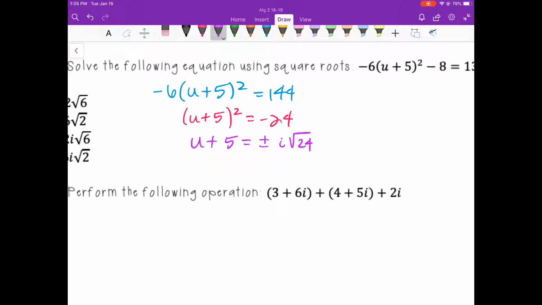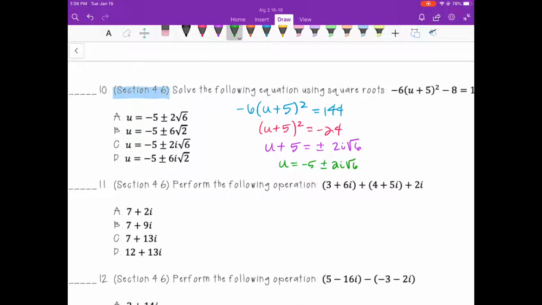However, radical 24 has a perfect factor of 4, so really we're going to end with plus or minus i times 2 radical 6, and then just for the sake of standard form, we usually call it 2i radical 6. So one step takes a couple steps in it. Then lastly, we're going to subtract 5 from both sides, so u is negative 5 plus or minus 2i root 6. That looks like it's C.